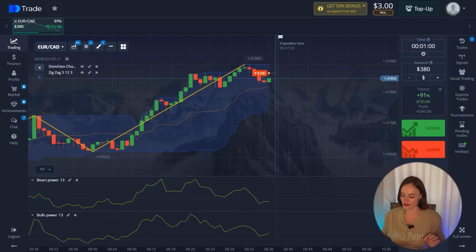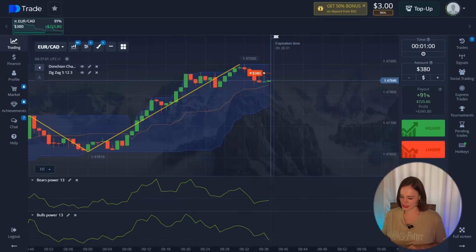And indeed, the first half of the transaction went as I expected. The candle left a long upper shadow. So the signals of the bears and bulls power indicators confirmed my forecast, and sellers were stronger than buyers.